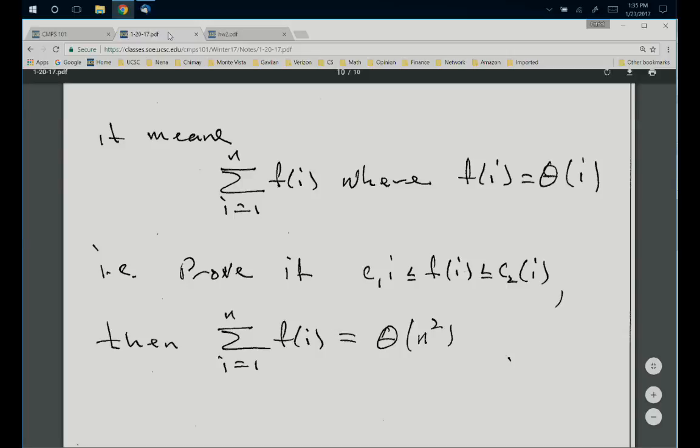For any positive c, for any closeness to 0, c is a measure of how close you are to 0. For any closeness to 0 you want, there exists a sufficiently large n naught such that if you're past that, you're that close to 0. That's exactly what this limit statement says. All right.